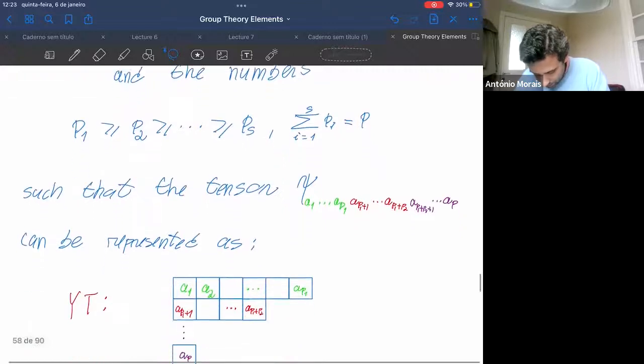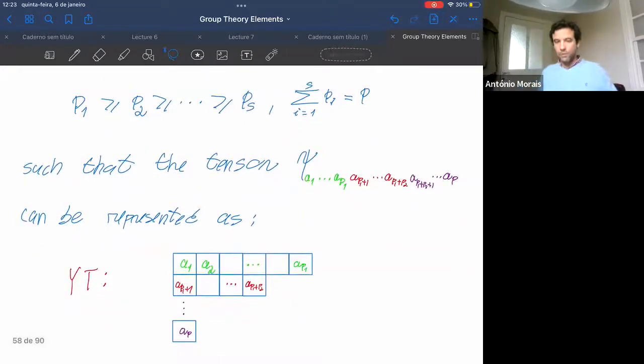And this can be represented as a Young tableau in this way. Look at the colors. We have the first group of indices, a1, a2, up to a_p1, on the first row. Then you have the red indices on the second row, and then you have these purple indices. Okay, here this is only on the last row, only one of them. So I will, in fact, go back to what I had there.